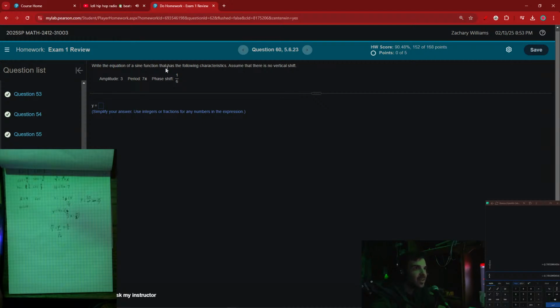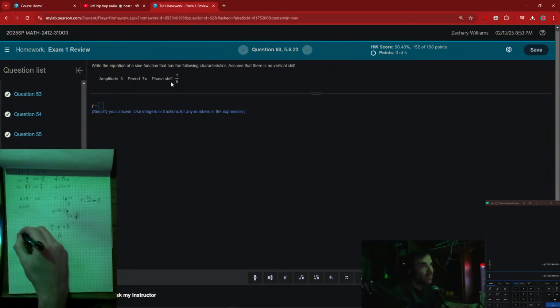Write the equation of a sine function with the following characteristics. Assume that there is no vertical shift. Okay, that's fine. Okay, so sine function.